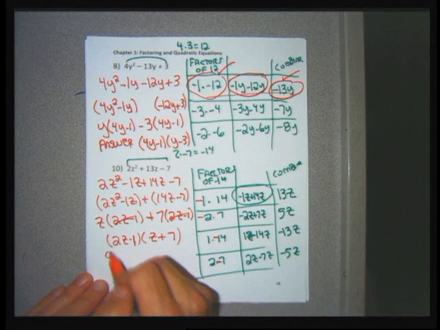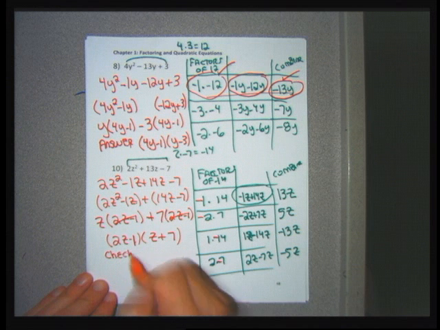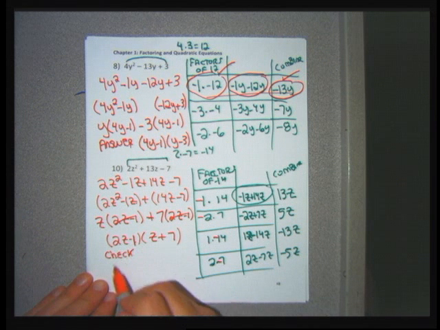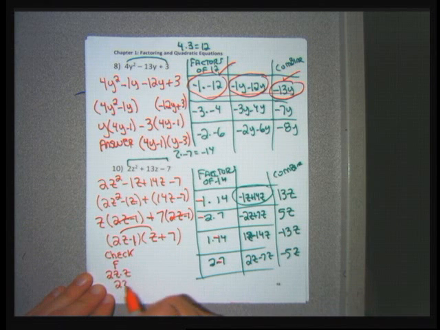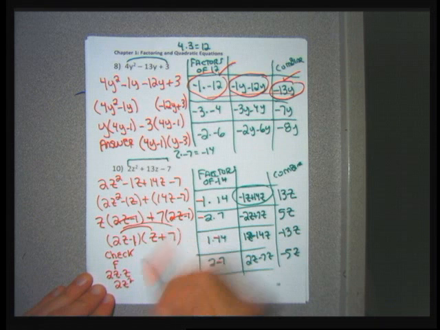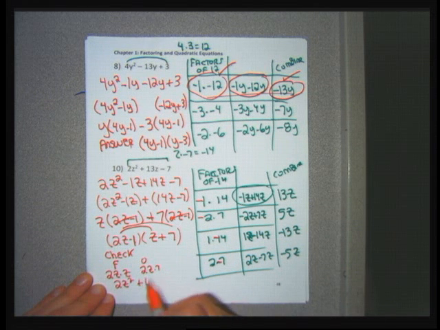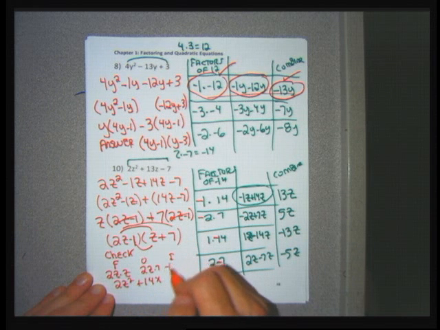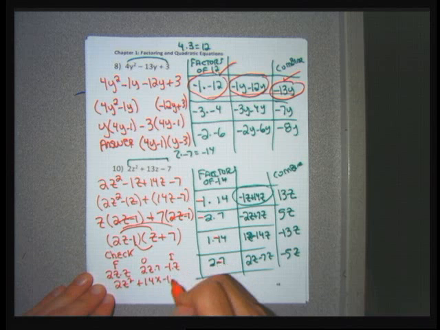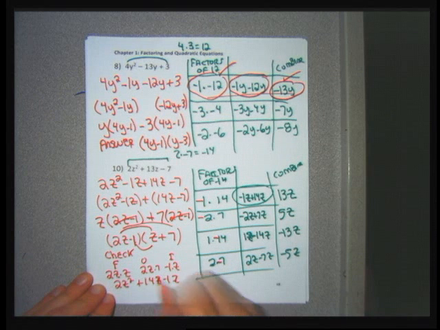It's completely optional, but you're more than welcome to check. You check by FOILing. Firsts are 2z times z, which is 2z squared. I do outers, which is 2z times 7, which is plus 14z. I do inners, which is minus 1 times z, which is minus 1z. Look how I wrote the x when I meant to write z.